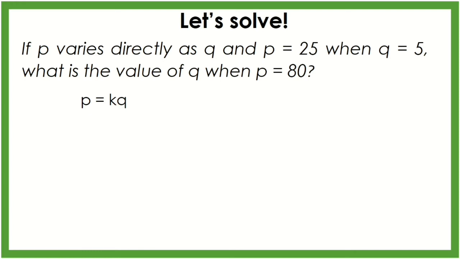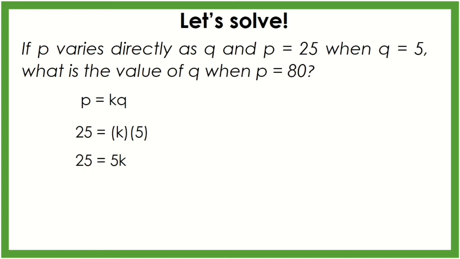And then, after that, substitute natin yung value ng P, which is 25, and Q, which is 5, dito sa ating equation. We now have 25 equals K times Q. And then, we multiply K times 5, so we have 5K. So, kinapi lang natin yung 25 equals.